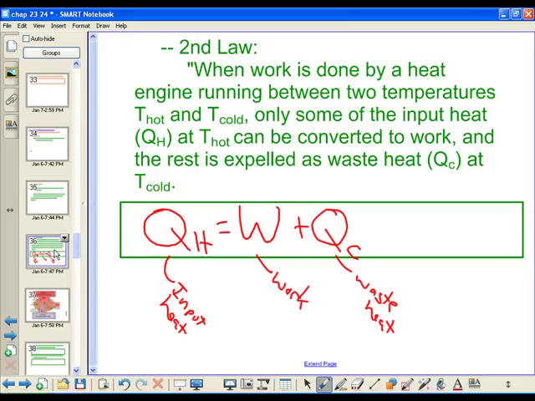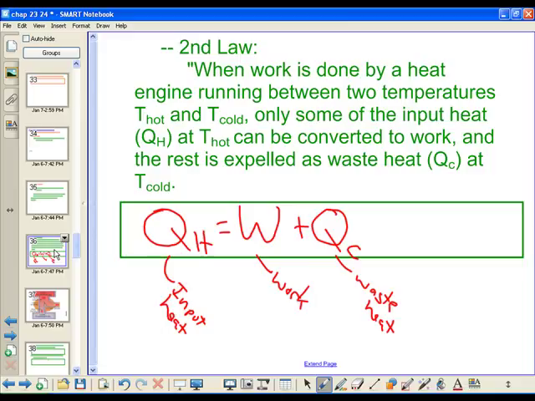Okay, so in the case of something like a car engine, you bring in air from the outside, and it gets compressed, which puts some energy into it so it gets hotter. Then we have the explosion of the fuel, which gets it much, much hotter, and it expels some of that waste heat to the atmosphere.